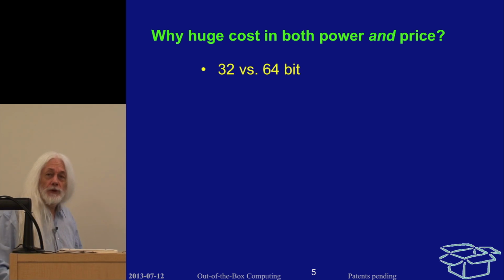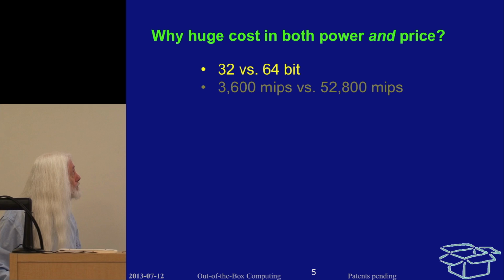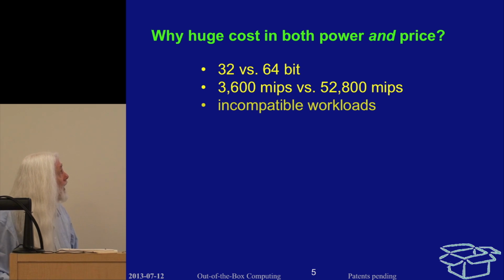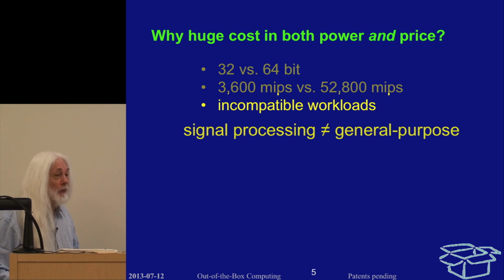Well, one of the major reasons is that the DSP is only a 32-bit machine, whereas the superscalar is a 64-bit machine. In addition, if you need raw horsepower, you're not going to get it out of the DSP. You need the superscalar. But the major reason is that the workloads are fundamentally incompatible. Signal processing is just not the same as general purpose code.